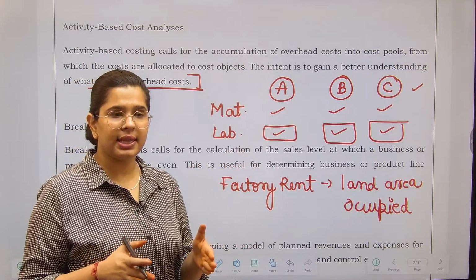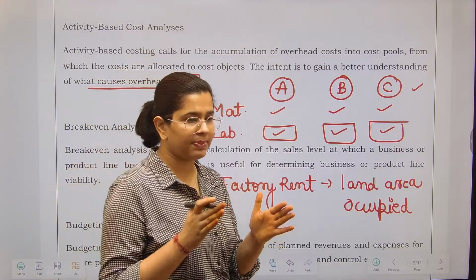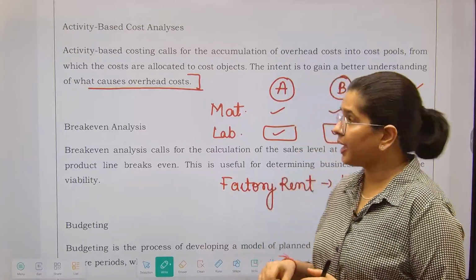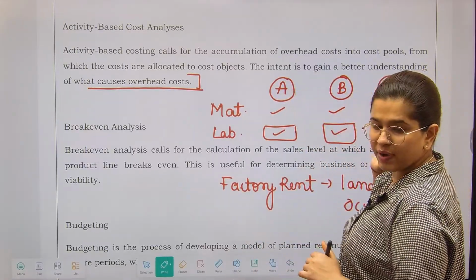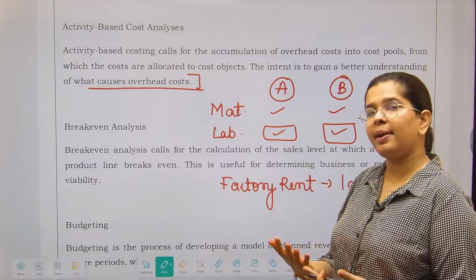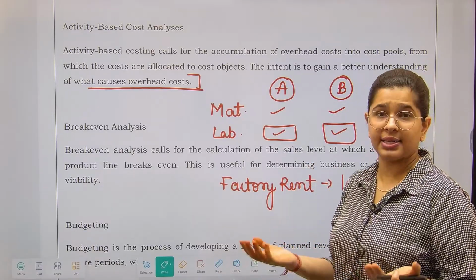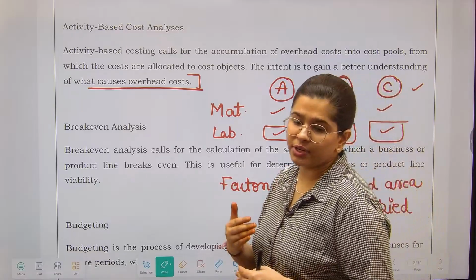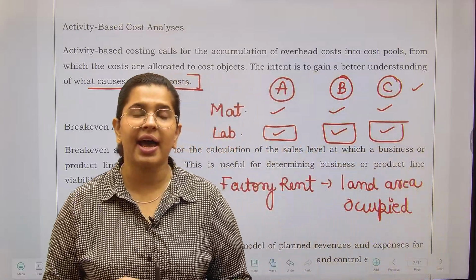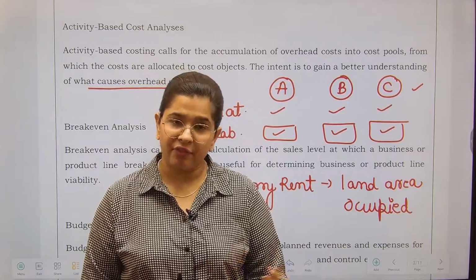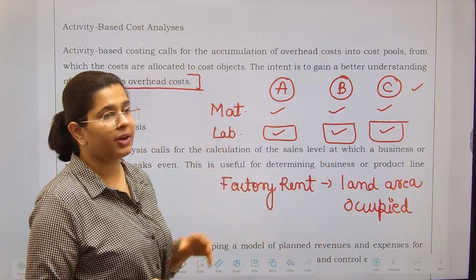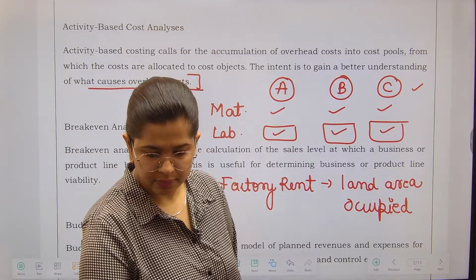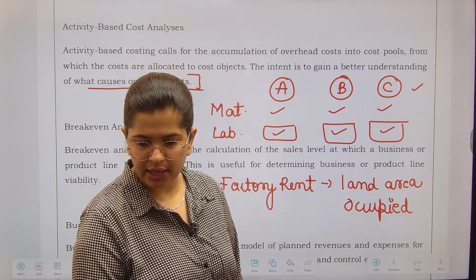So in this way I will divide my factory space into the areas taken by these products' manufacturing facilities, and on that basis I will divide my cost. It is a good thing, right? In this way my cost has been distributed on some rational basis. This was the kind of question that was being asked to you. I'll tell you the question in the end.